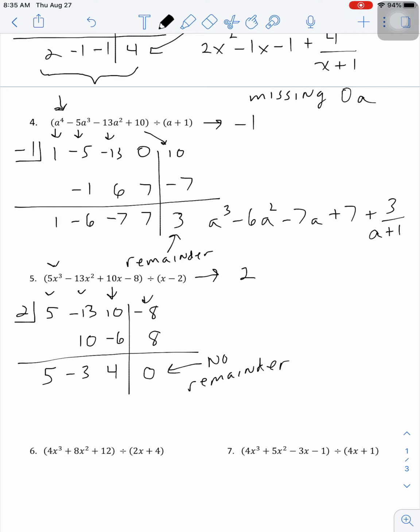All right, so since this started off as a degree 3, when we go to write our answer, and again, you're using the stuff right here, it's going to be 5x squared minus 3x plus 4, and we have no remainder.